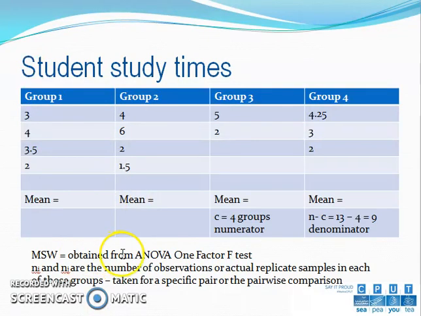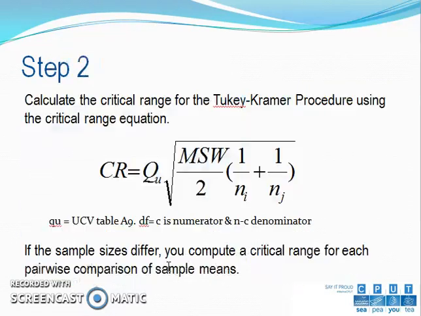Looking at my example again, MSW was obtained from my one-factor F test. And now I also need to know the number of observations in each of those groups. I need to calculate that critical value for each pair that I'm comparing to each other, for each of the hypotheses that I'm setting.